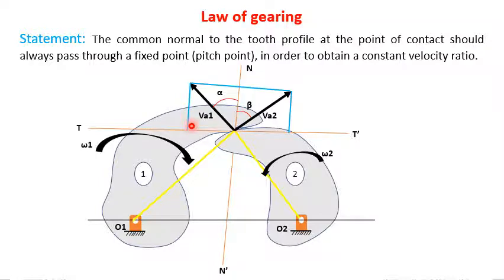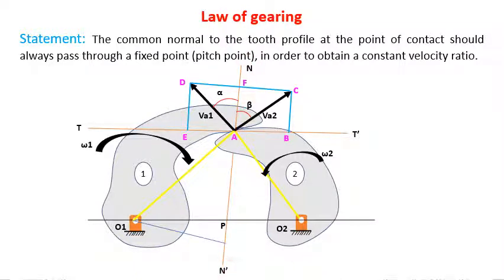Next I am going to call the pitch point or point of contact A, this point B, then this one C, this one F, this one D, and this one E. Then wherever the line passing through the center of rotation and the common normal intersect, let me call that intersection point B. Next I am going to draw a perpendicular line.